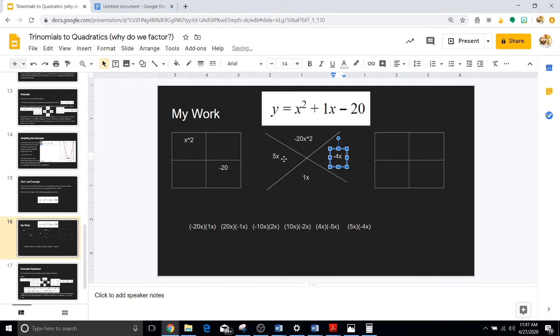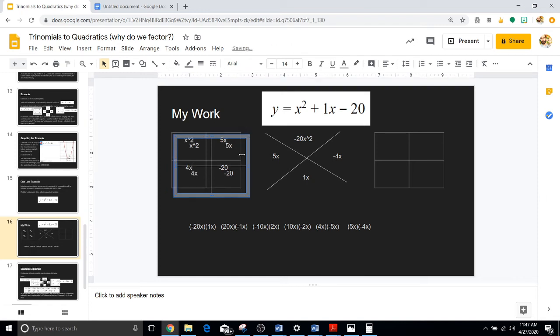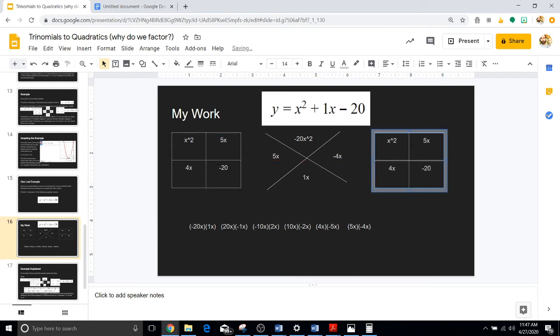All right, and if we know these, we can fill out the rest of our box. So let's just go ahead and bring it over here. We'll do 5x, we'll do 4x. We can actually just take this whole thing and put it over here because that's where I was originally going to put it. Okay. Well, how do we get x squared? Well, that's easy.